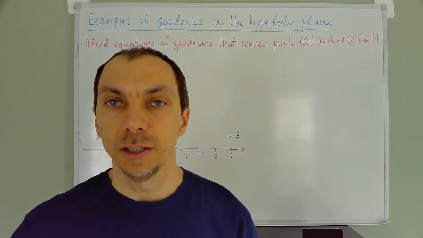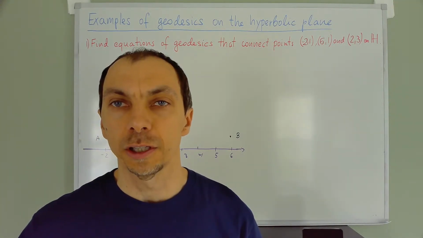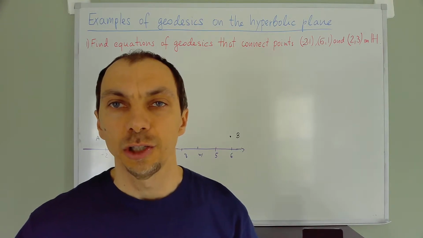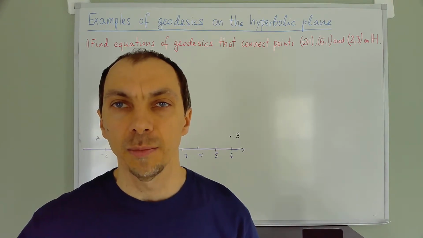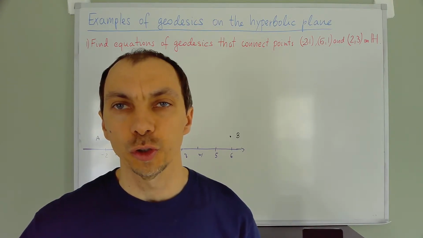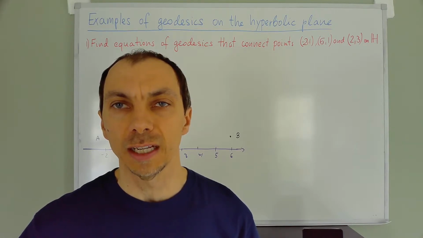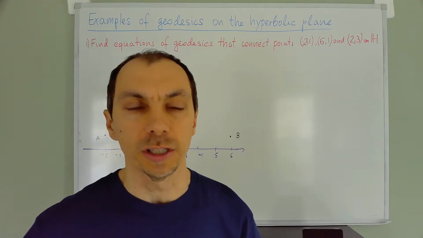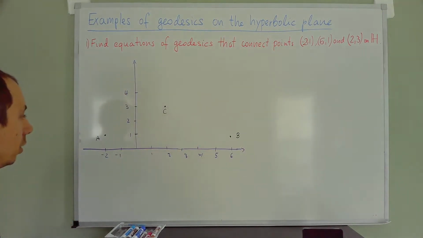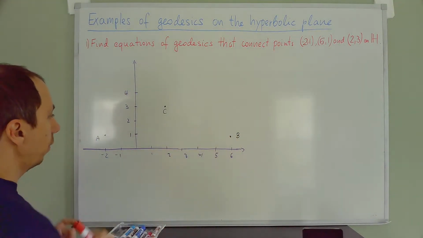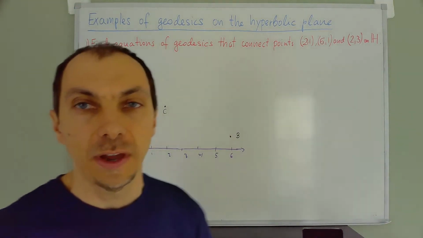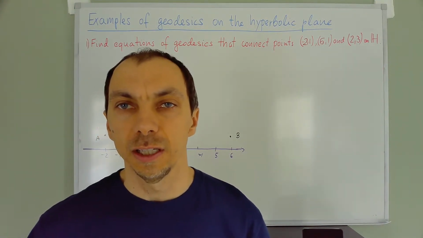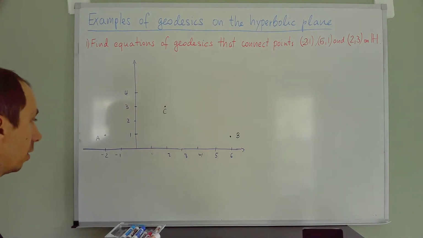Because none of these points are vertically aligned, I know that the geodesics connecting them will be arcs of circles whose centers are somewhere on the x-axis, circles that pass through any given pair of points. So let's deal with AB first, just because it's very easy to find the center of the circle.